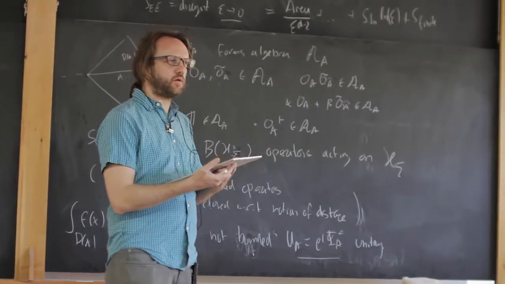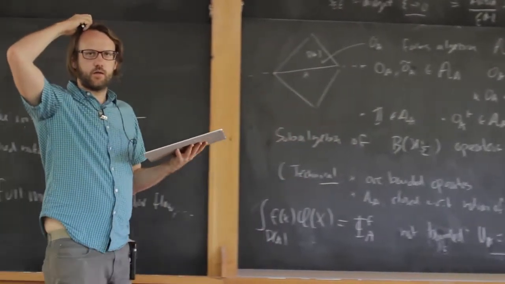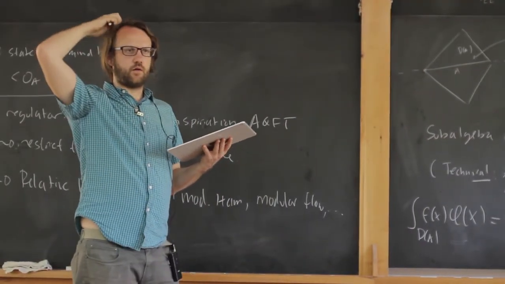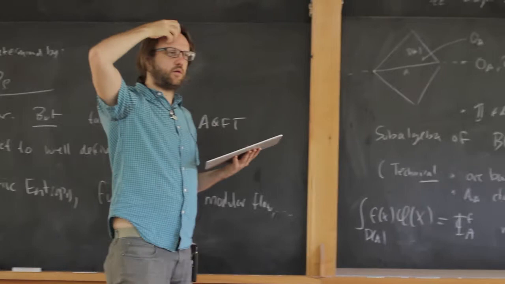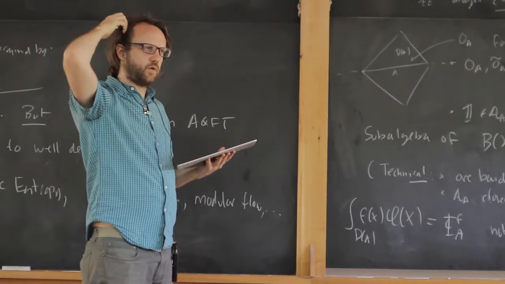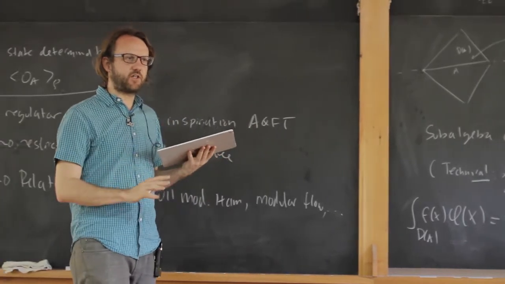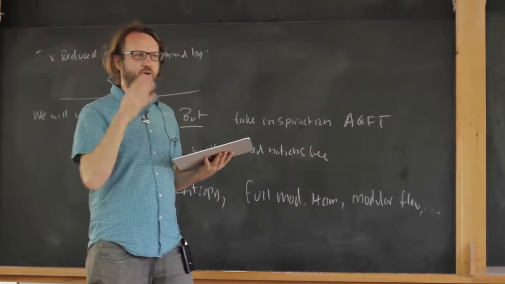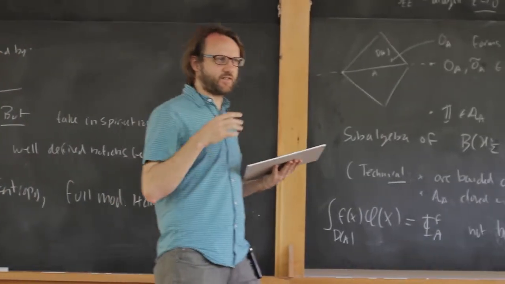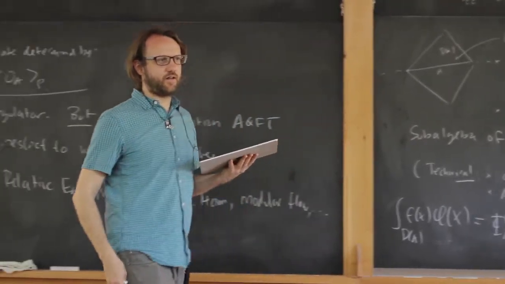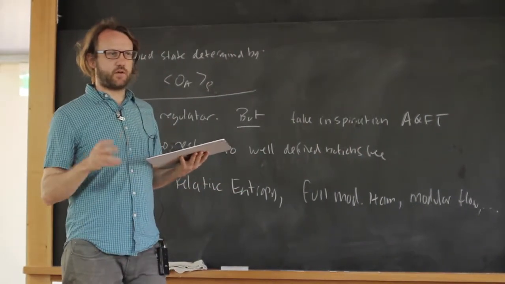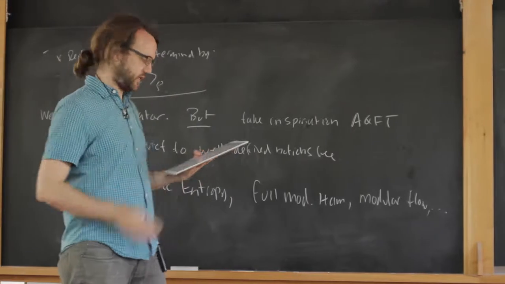One thing you can do is try to separate the regions, and that gets rid of this divergence. But then it's no longer pure state entanglement, and so it's harder. That's one strategy that I've seen in this context.